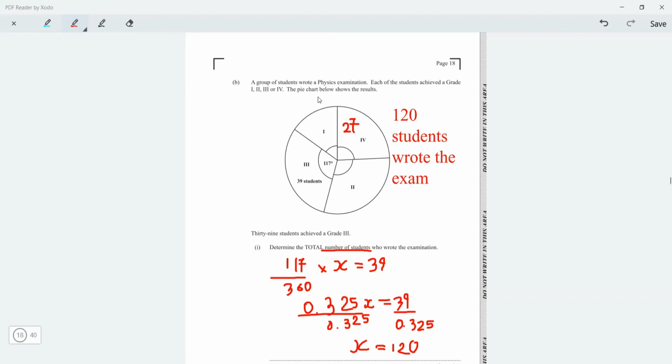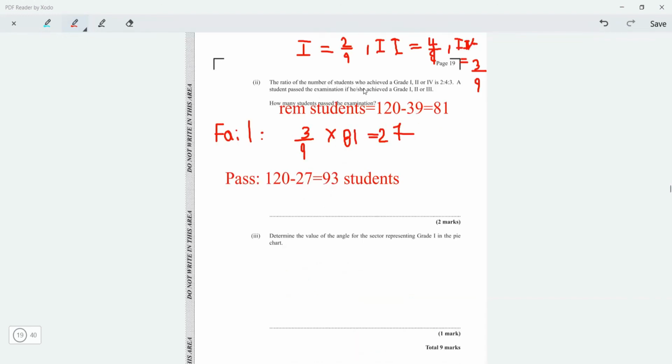What I'm going to do is find how many passed out of the 81. How many students passed out of the 81? 2 over 9.